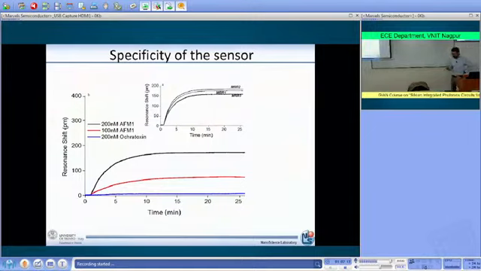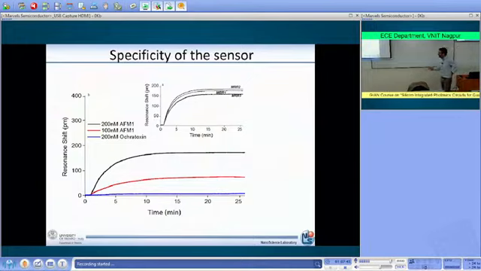And here you see what happens when you look for non-specific binding. So this is answering your question. You have functionalized the surface in order to capture this toxin that is called aflatoxin M1. This is the kind of analyte, the kind of toxin, that you want to detect, and so you specify your chemistry in order to capture only that one.